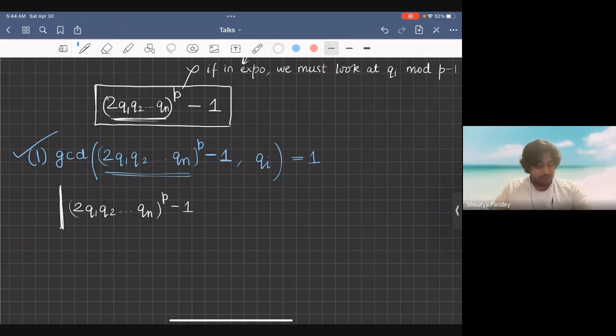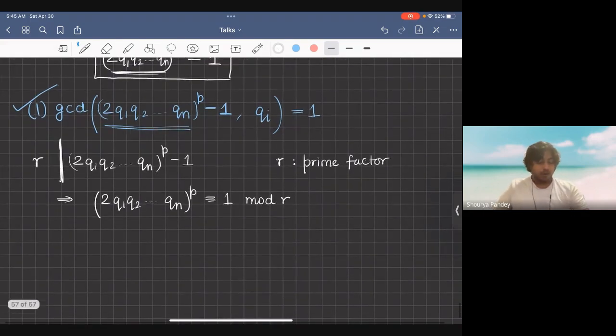Suppose I have a prime factor r. It's exactly the argument that I did before. So suppose r is a prime factor of this thing. Then what are we saying? We're saying that 2q1 q2 up to qn to the p is congruent to 1 mod r.